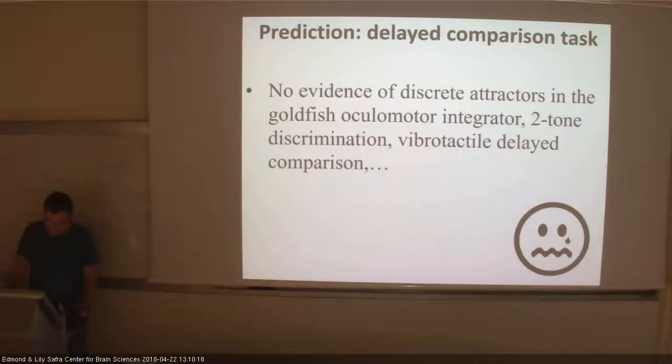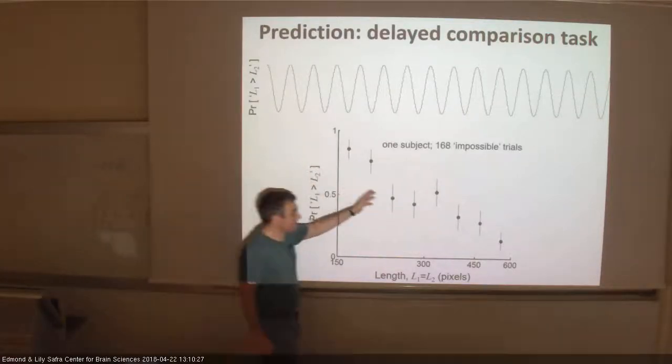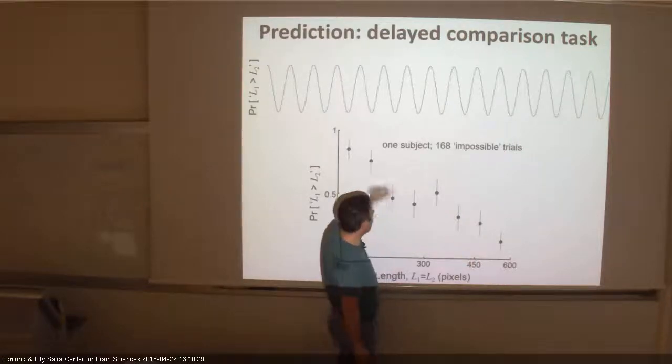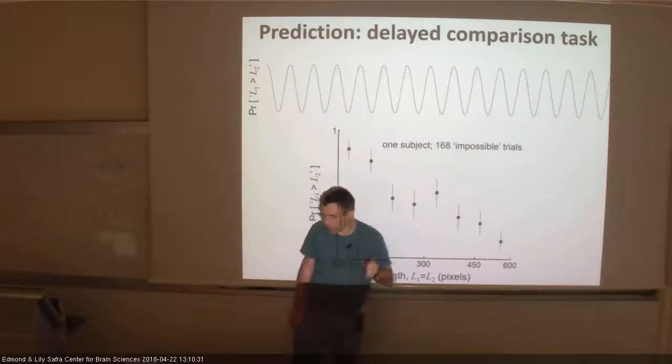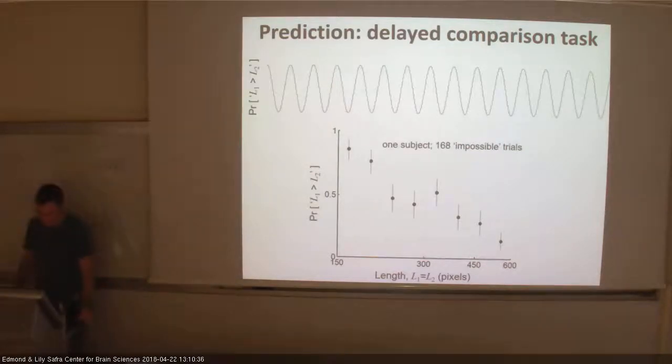I think it's still interesting. I mean, there are ways of explaining these results, but this is the way that these results can be explained. This is in a cognitive computational framework, not in a dynamical framework.